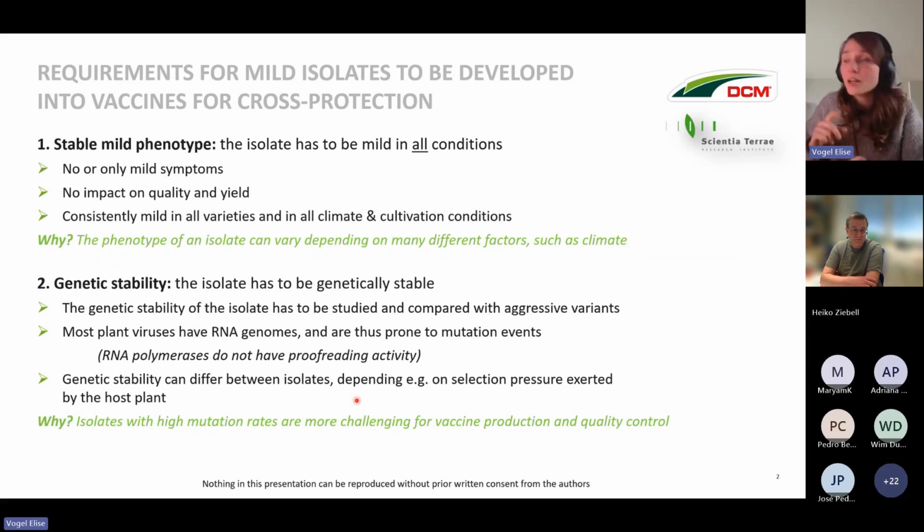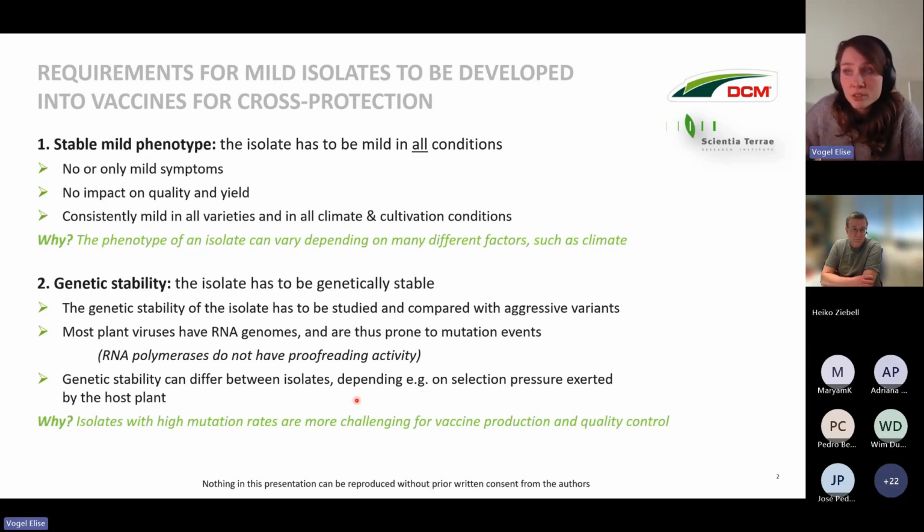So in all varieties, all climate conditions, all cultivation conditions. So a lot of viruses are known to be influenced by these different conditions. So it's very important to do your research and evaluate if the phenotype of the isolates that you are studying for a cross-protection strategy indeed fits the bill and shows mild symptoms even under all these varying conditions.